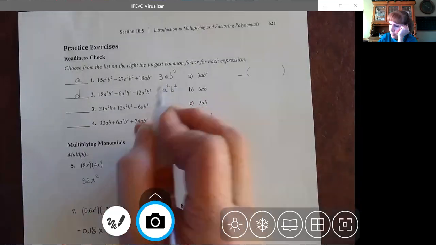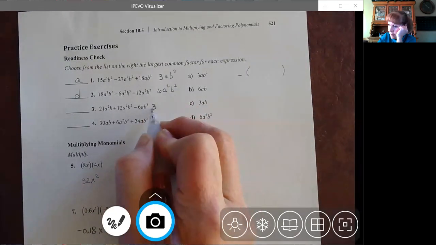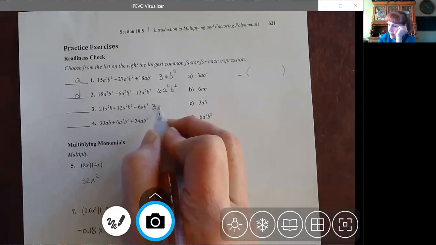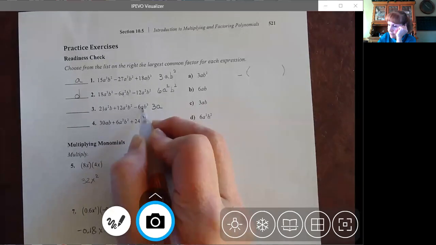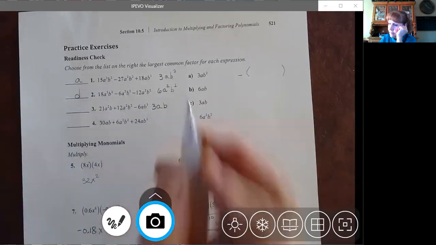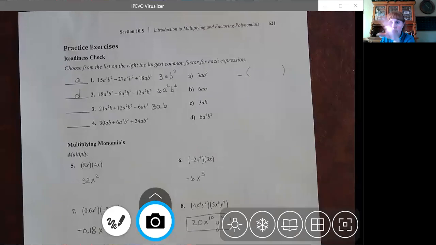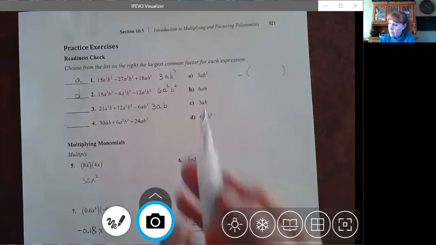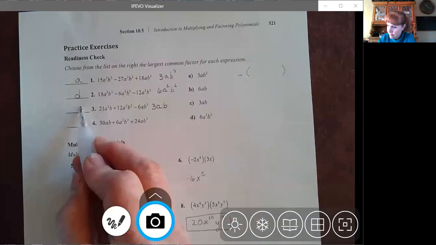So we'll just go with a 3. They all have an A. The smallest is A to the first. And they all have a B, and the smallest is B to the first. So there's your greatest common factor that you would pull out front. You would use division to see what's left on the inside. So this is the number to come out, C.